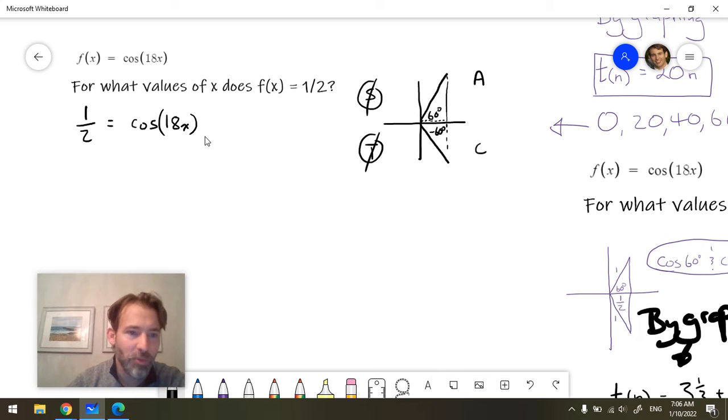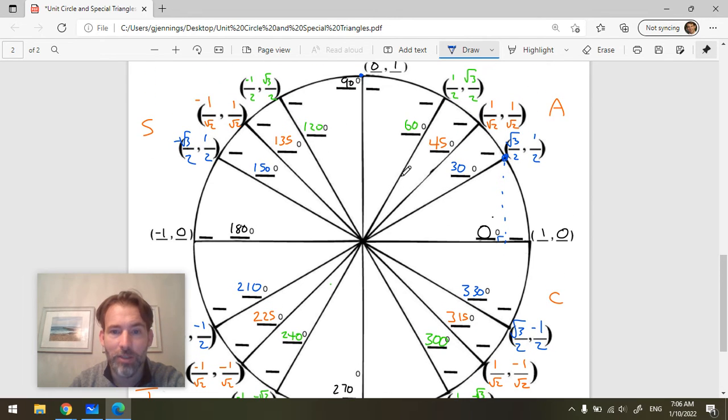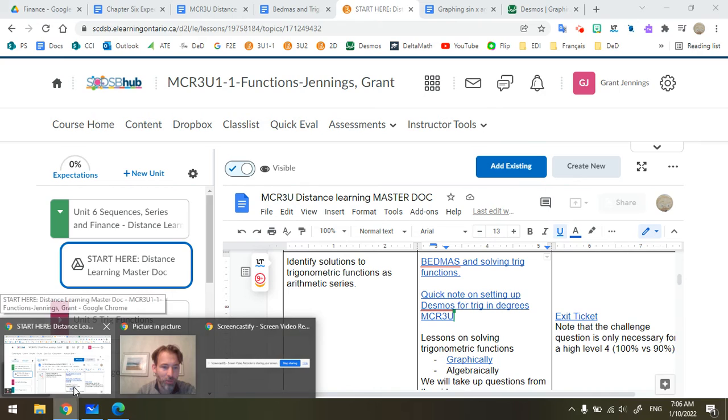So at this point, algebraically, you take the inverse cosine of both sides. We're saying what angle gives us a cosine of 1/2. If you take a look at your unit circle, here it is down here, 1/2, 300 degrees, that's negative 60, or up there 60 degrees and 1/2. Both are cosine 1/2.